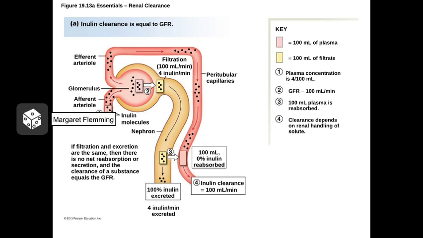There are certain substances that have been studied extensively enough that if we take a look at how they are handled by the nephron, we can use the clearance of those substances to estimate, for one thing, GFR. Now, there is a substance called inulin.